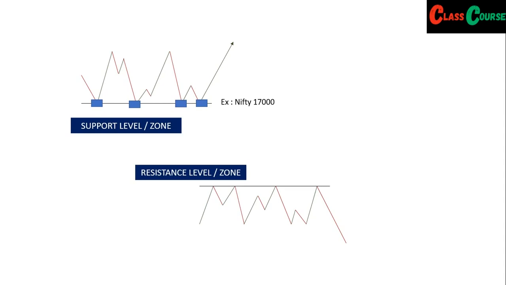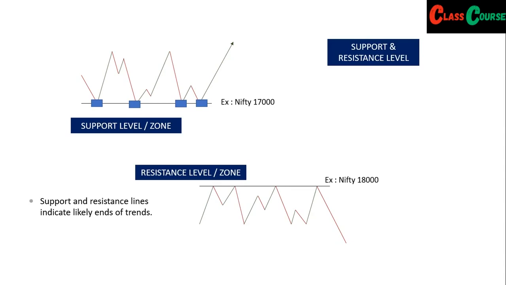We will see each and everything in this course, right? And speaking about the resistance zone, let me assume this is a nifty chart which is taking resistance at 18,000, and support and resistance lines indicate the likely end of the trend. Now let us see the support and resistance levels in the same single chart, right?